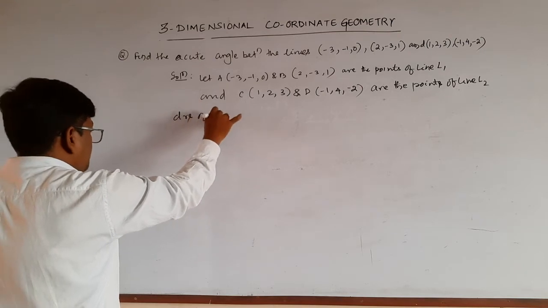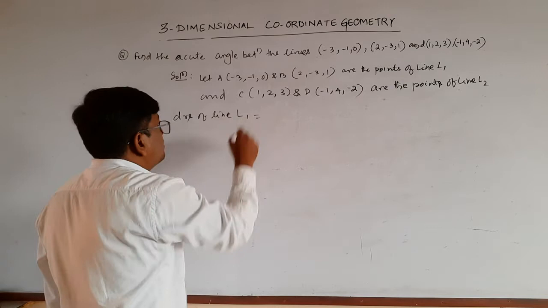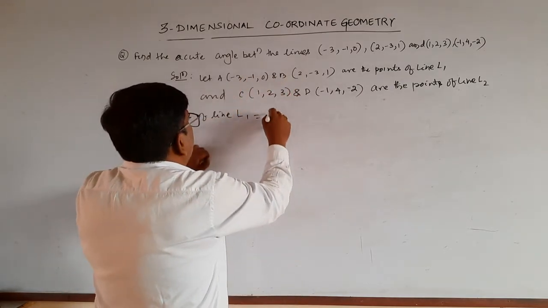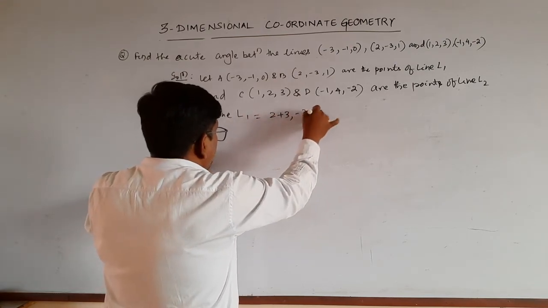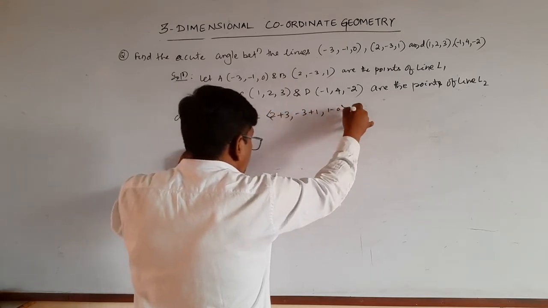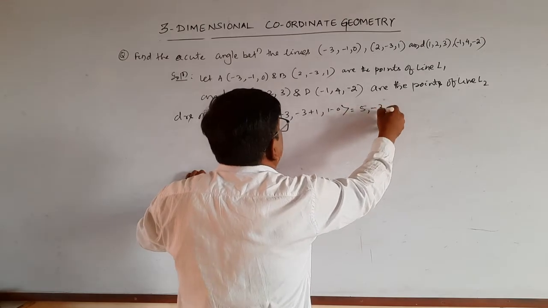Now the DRs of line L1 are x2 minus x1, 2 minus (-3), which is 2 plus 3, -3 plus 1, 1 minus 0. So this is equal to 5, -2, 1.